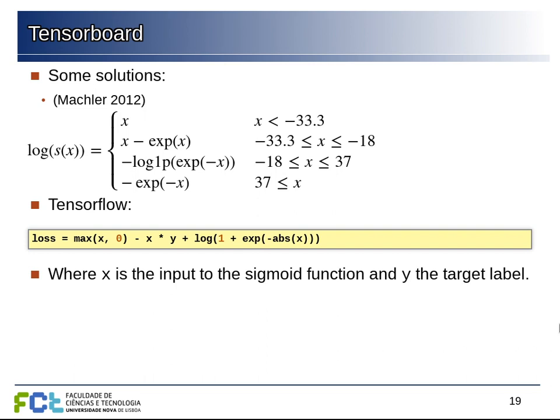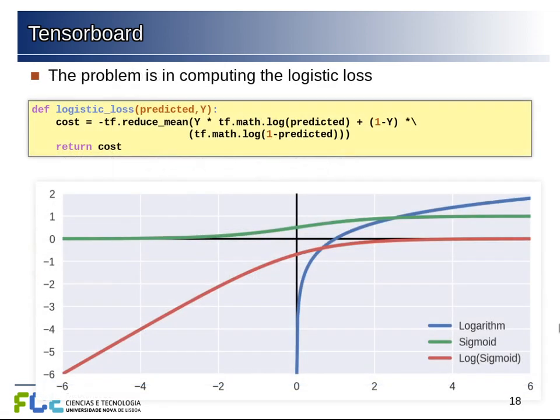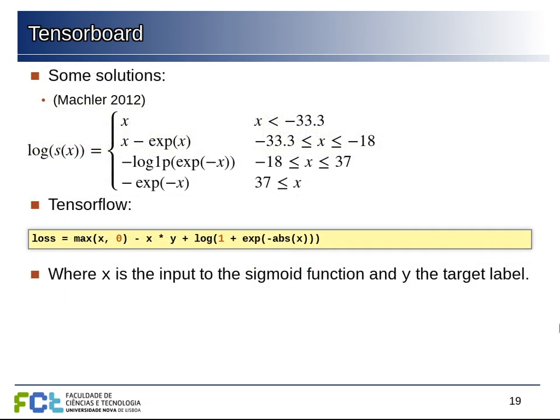TensorFlow uses this approximation, but it's the same general idea. But the important message here is that quite often there are these numerical problems, which mean we should not try to do this by hand ourselves, because then things may go wrong, and we can use the functions that TensorFlow has here.